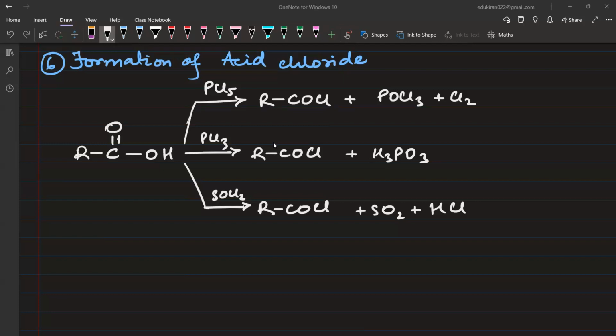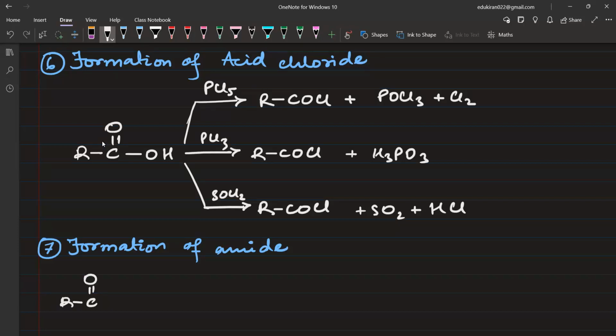Now next is the formation of amide. Seventh, formation of amide. In formation of amide, we react carboxylic acid R, C double bond O and OH with ammonia, that is NH3.